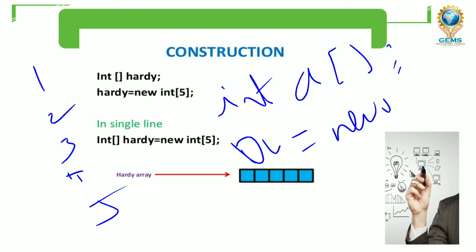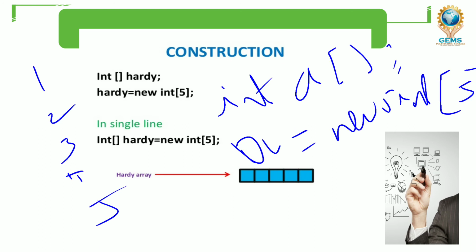Initialization of object, we will see what that is later. Using the new operator, again int, and the size of the array. I want to store 5 elements, so the size of the array is 5.